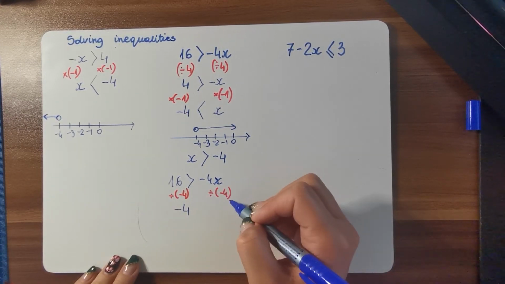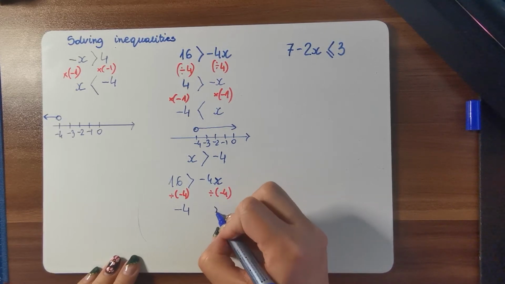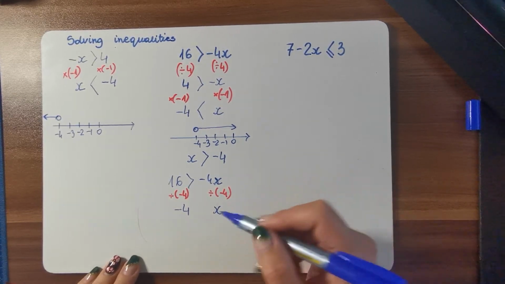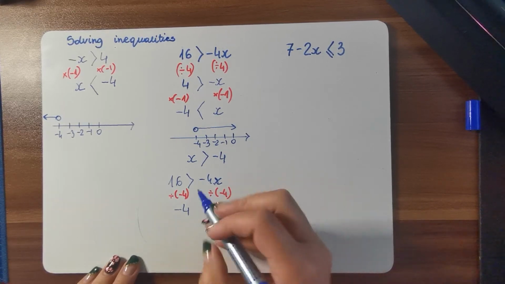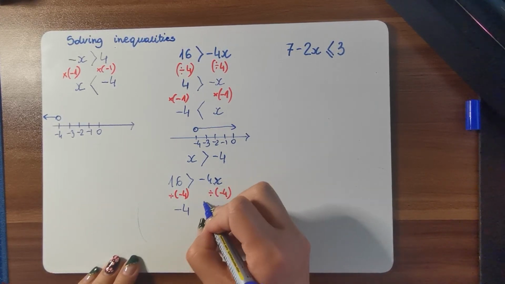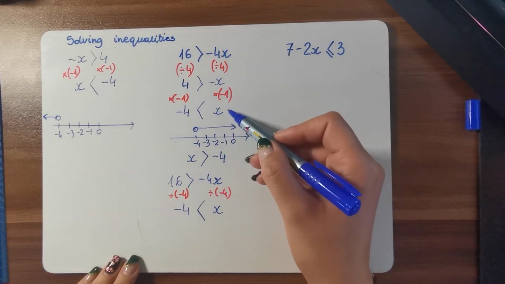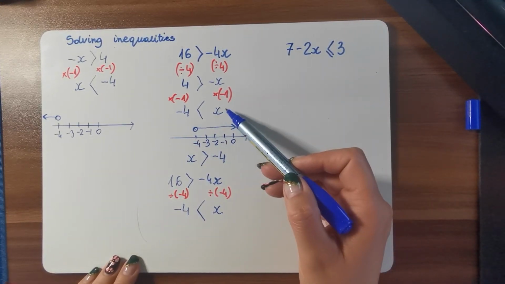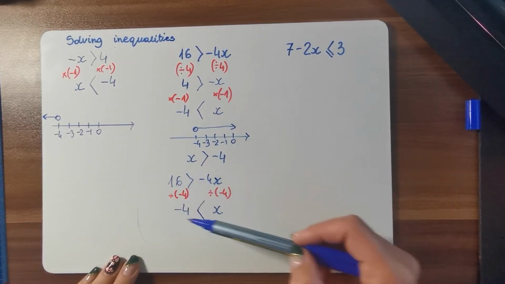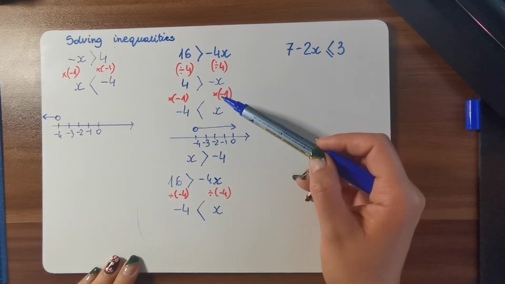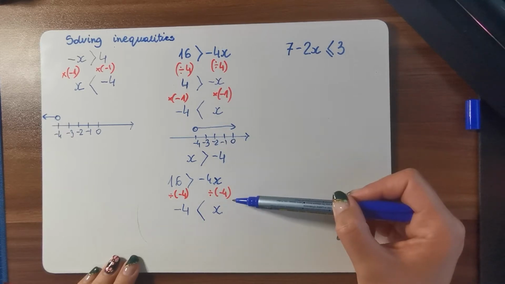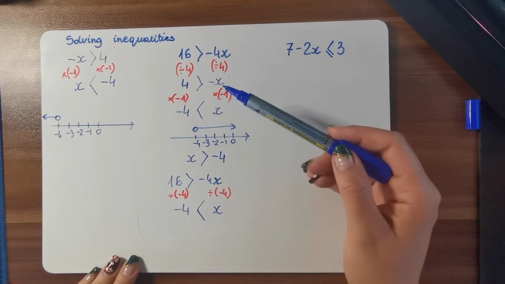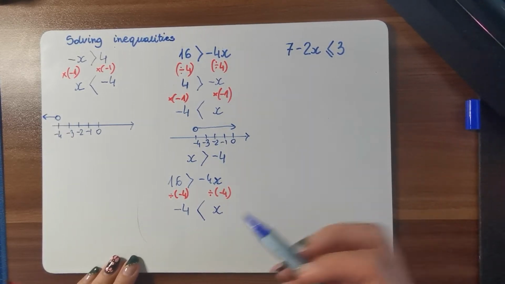Negative 4x divided by negative 4 will give us positive x. And we have divided by a negative number, so we need to flip the sign. So we'll get exactly the same solution as in the first method. Actually I've done only one step instead of two. If you prefer, you can solve it in one step, or you can just do it step by step.